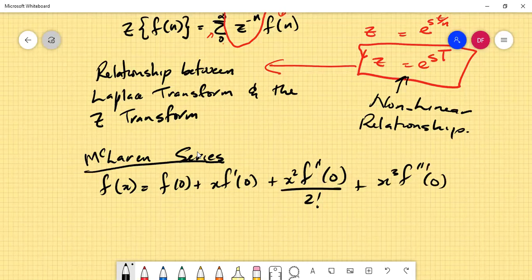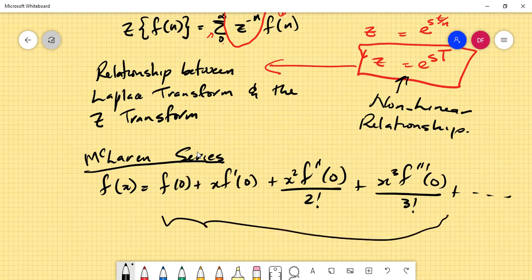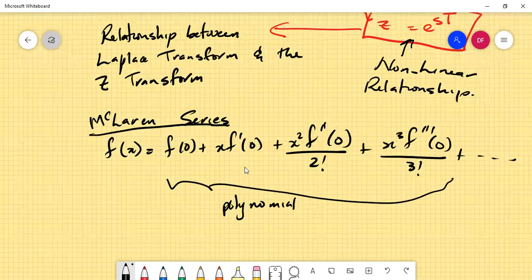So the Maclaurin series takes a function at the point 0, and it expresses it as a polynomial. This is a function, whatever the function is, and this is the polynomial representation. Of what use is that to us?